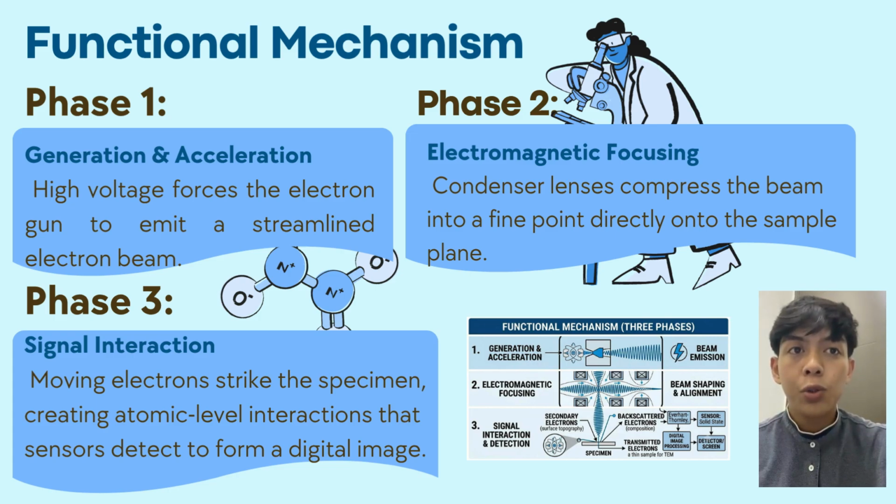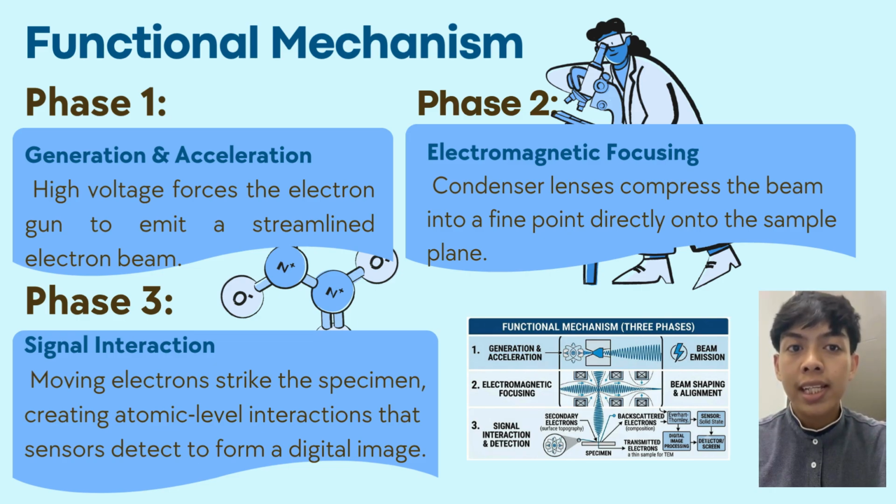Now, how do these components function together as a single system? The mechanism happens in three continuous phases. First, the electron gun generates and accelerates a high voltage beam down the column. Second, the electromagnetic lenses tightly focus and condense this beam onto the specific area of interest.